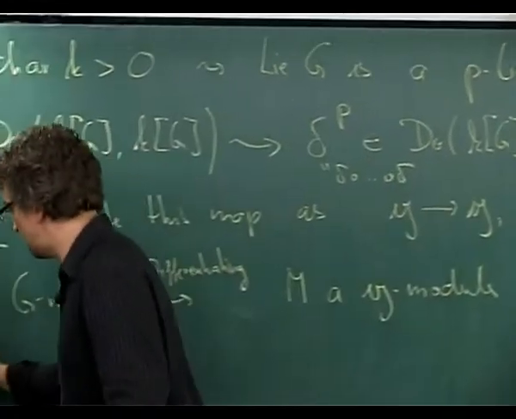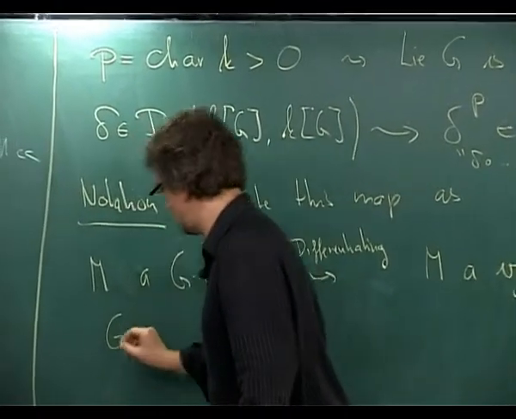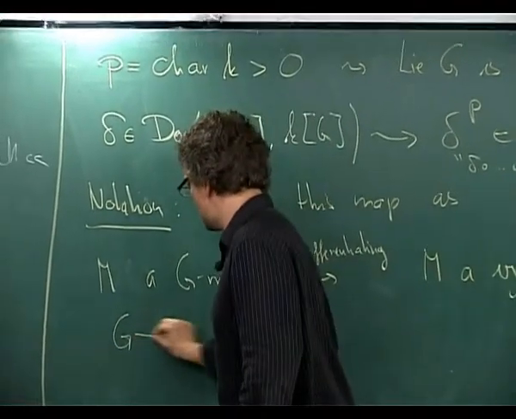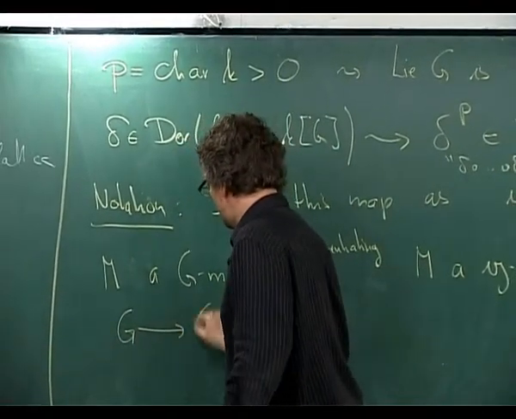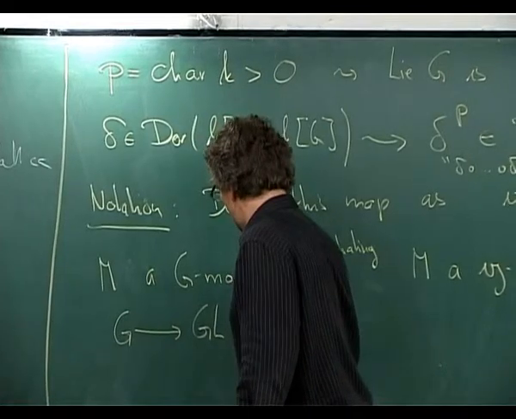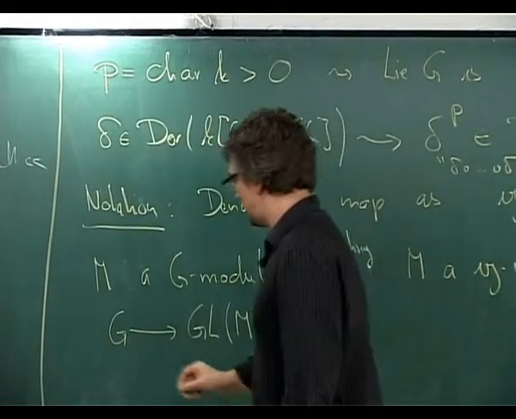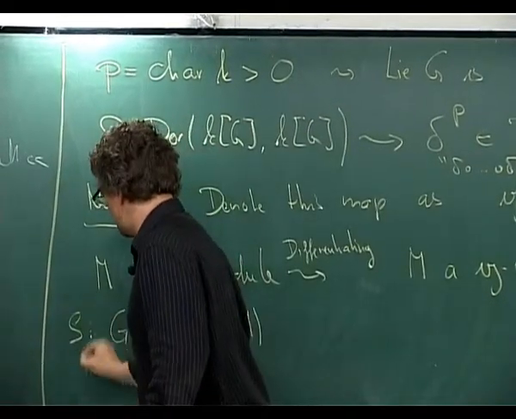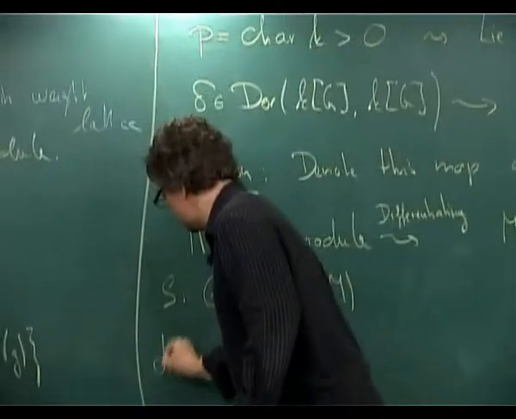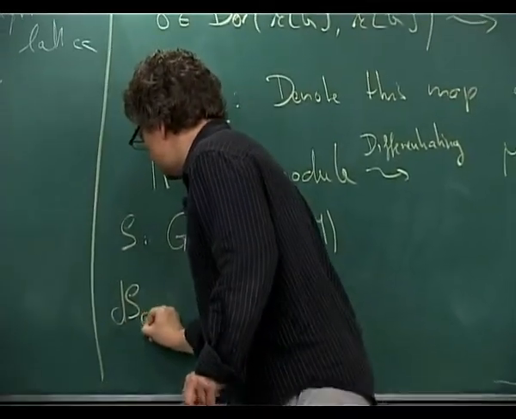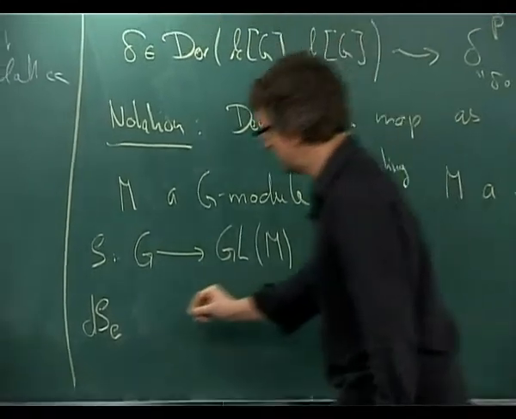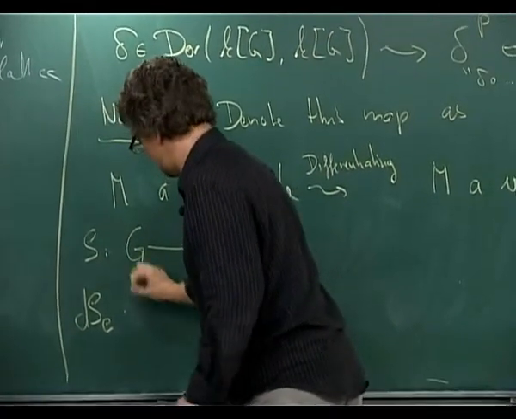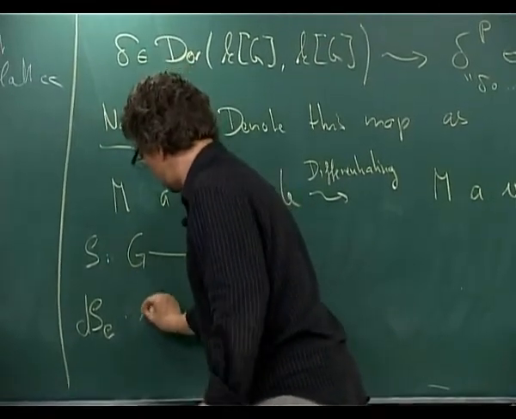Just as a reminder, the structure of M as a G module is given by a map from G to GL(M). If you differentiate this map and evaluate it at the identity element of G, you get a map between tangent spaces.